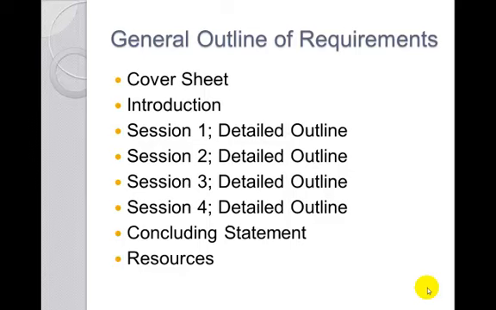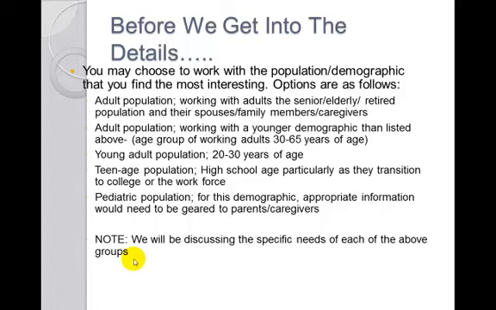So you're going to design a survey to find out where their interests lie, and you're also going to choose a self-assessment that you want the people in your participants to complete. Self-assessments, different types of self-assessments, we are going to be talking about in upcoming weeks also. Then you'll also do a concluding statement and then a bibliography, or actually a resources page. So let's get into the details of that.